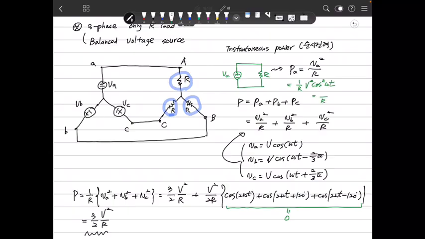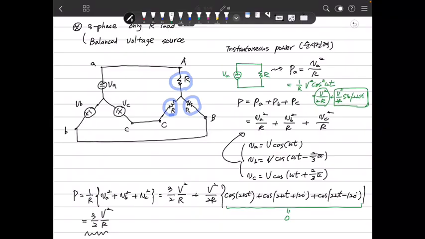That is half plus a term, I mean, this is the average value, and there are some fluctuating terms here. So this is the instantaneous power in the single phase.